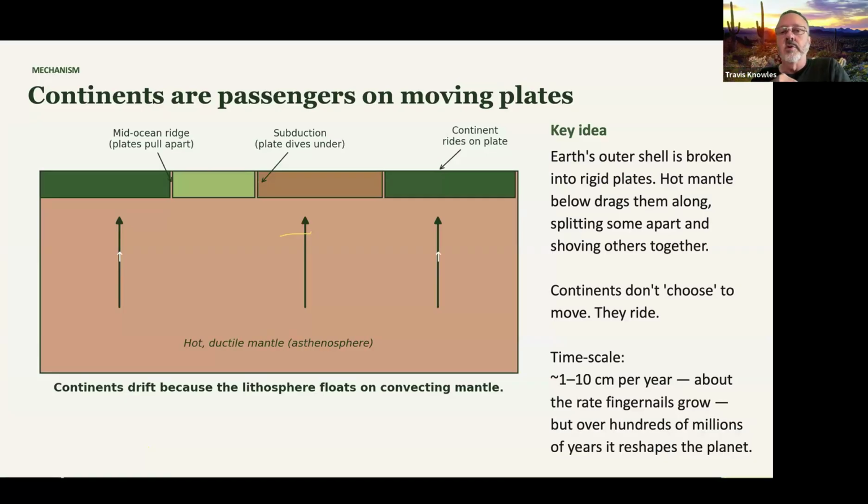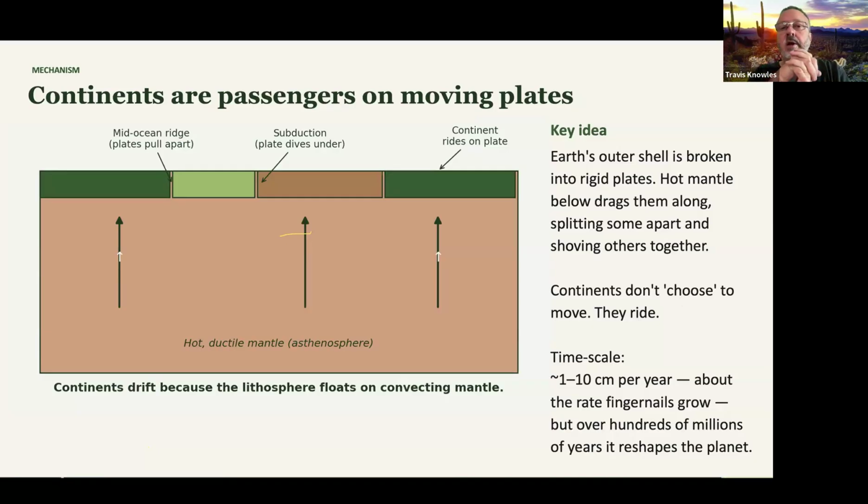And then it sets up, as we'll see, convection cells that move the continents either toward each other or apart from each other, depending on the direction of these convection cells. So the continents that we are aware of on the planet today are sitting on what are called crustal plates.